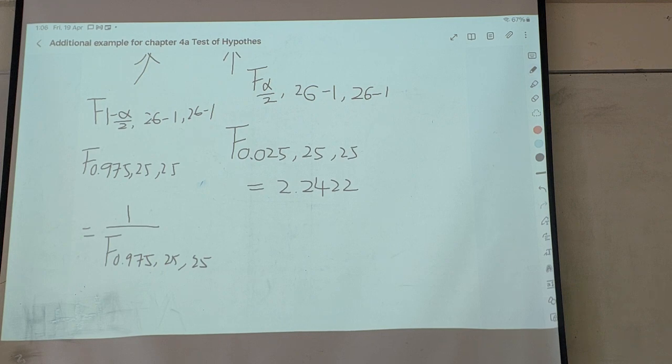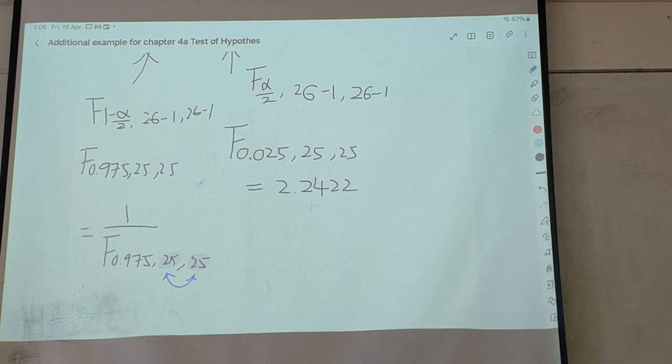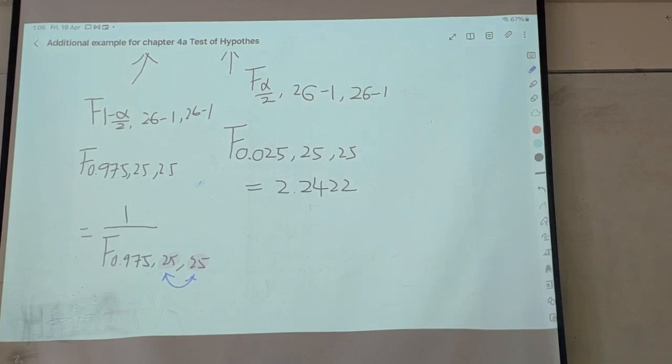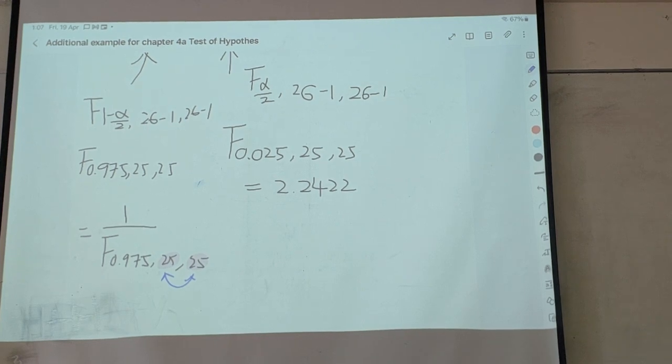Since both populations have the same number of samples. If not, you have to interchange this. Understand? I highlight here to indicate you should interchange it if the number of samples is not the same. In this case, it is the same.